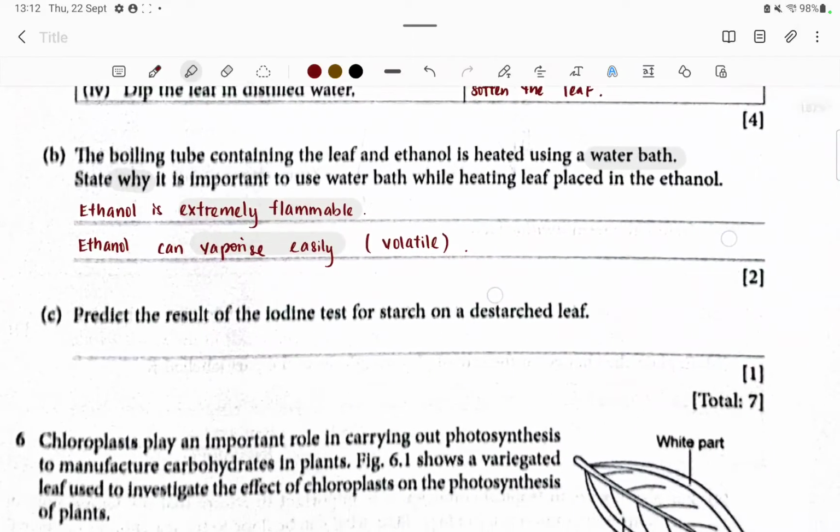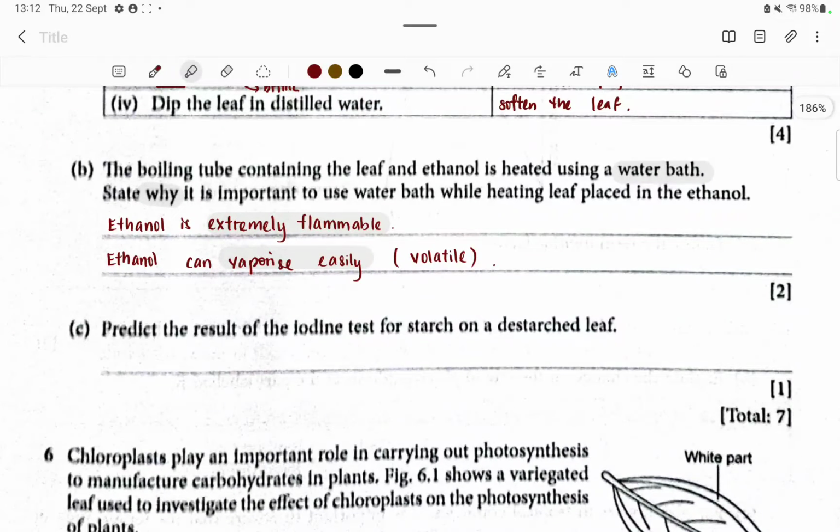And then after that, C, predict the results of the iodine test. The starch leaf means starch is removed. Means no starch already.